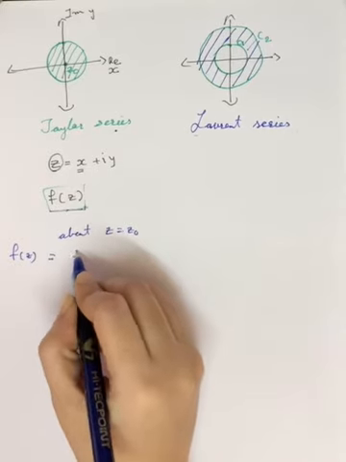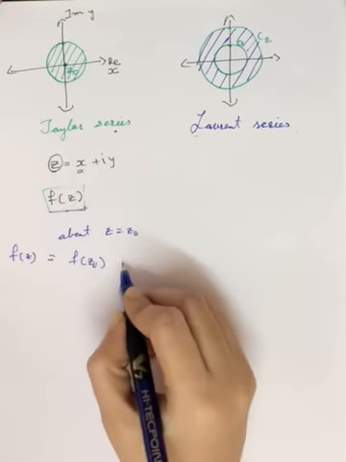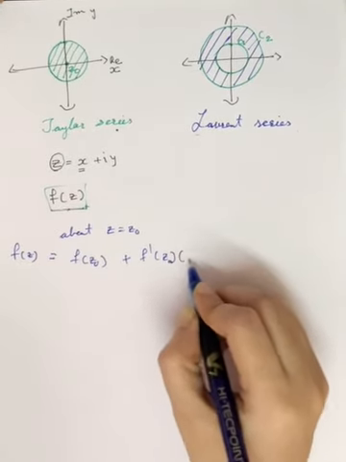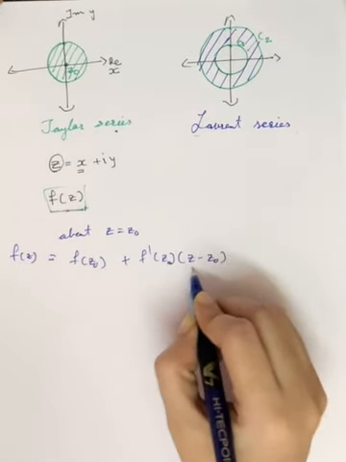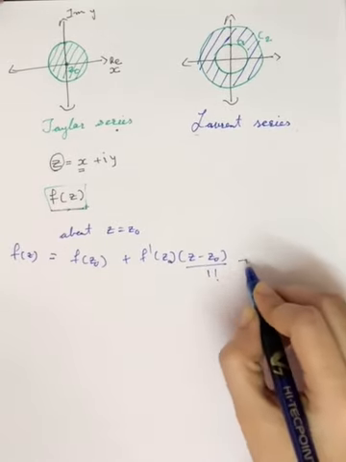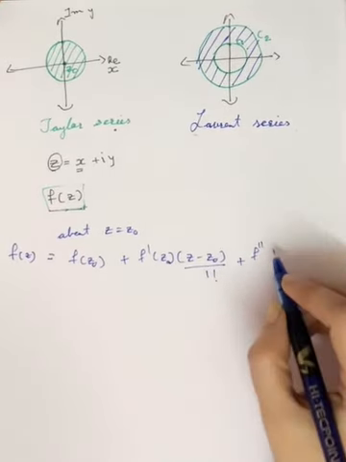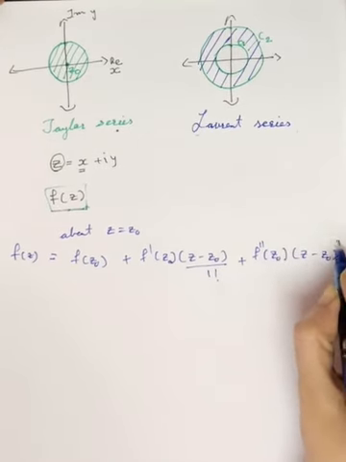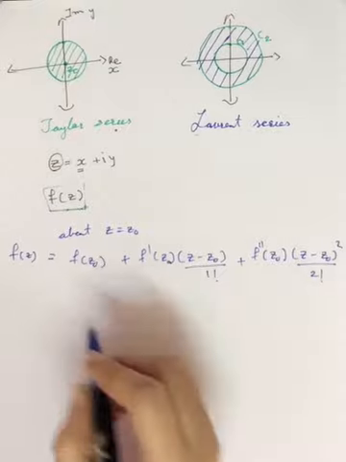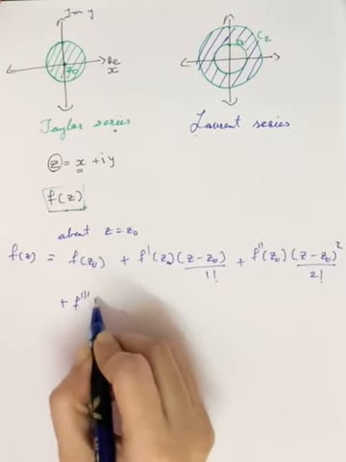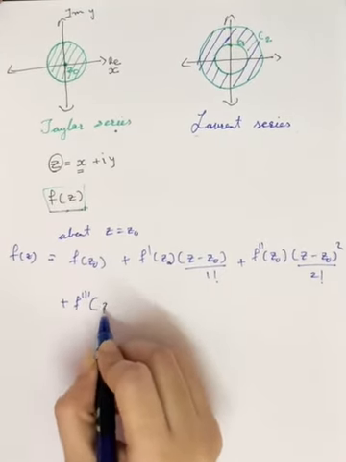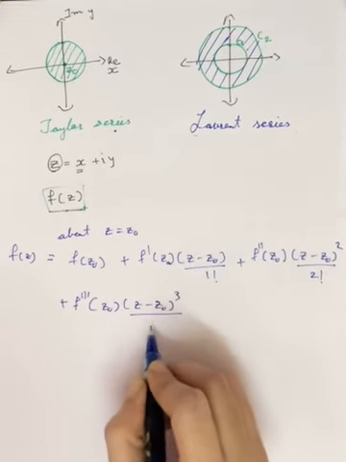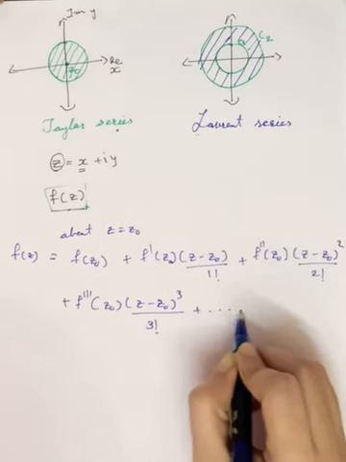which is given by f of z0 plus f prime of z0 into z minus z0 upon 1 factorial plus f double prime of z0 into z minus z0 whole square upon 2 factorial. I hope you are already seeing the pattern. f triple prime of z0, and then cube of this bracket upon 3 factorial and so on.